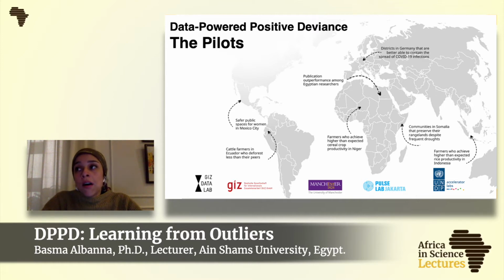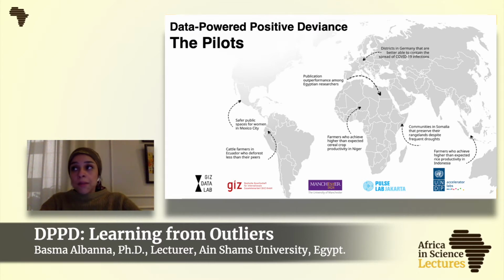I used Google Scholar citation data and data on the university website to identify those researchers. And then I did fieldwork to try to explain why they're achieving better outcomes.